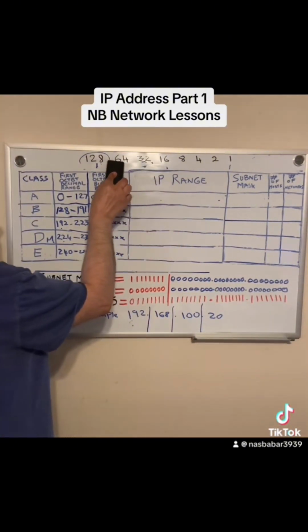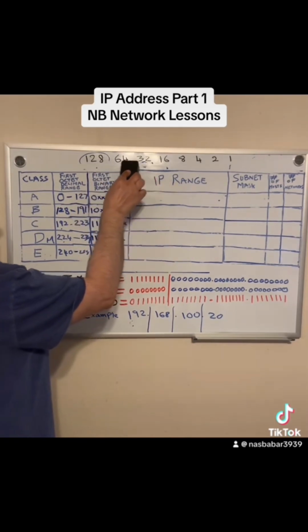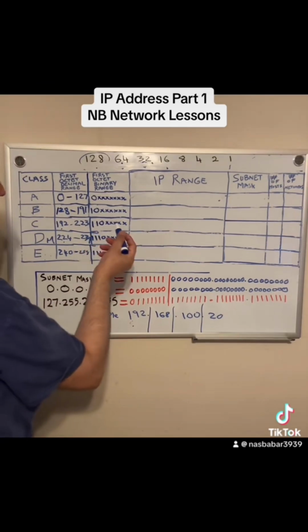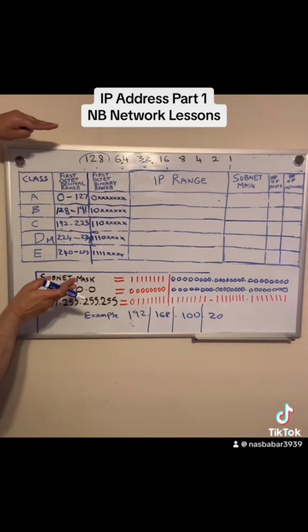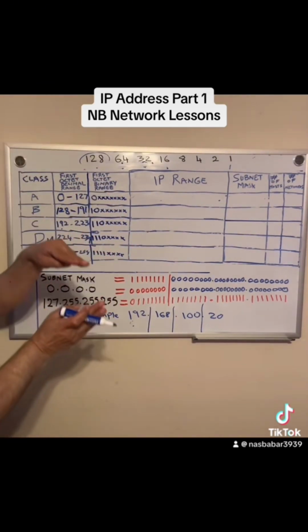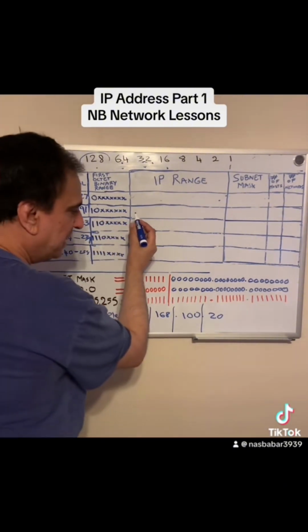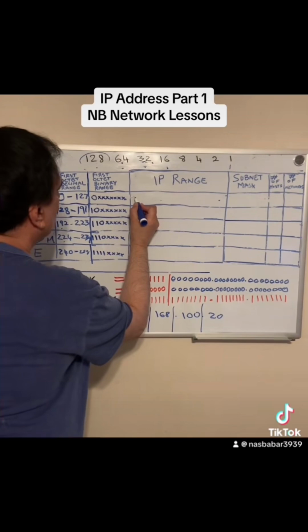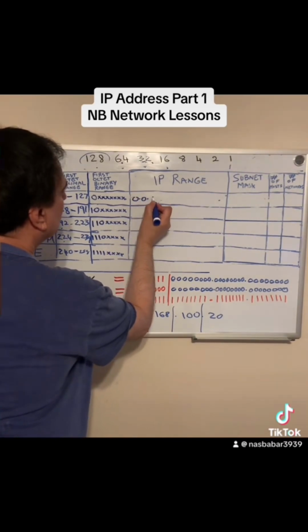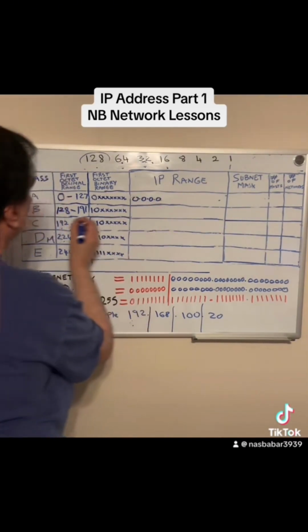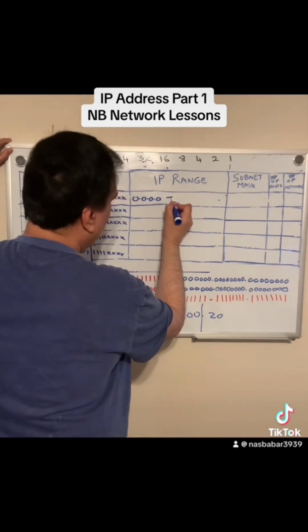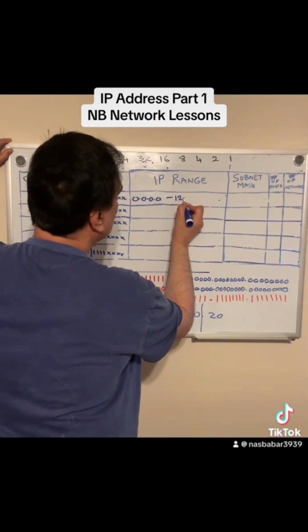Now let's go ahead and move on to the IP range. If you understand this part, you're already ahead in the game, trust me. So for the IP range, class A starts with 0.0.0.0 and then you go to 127.